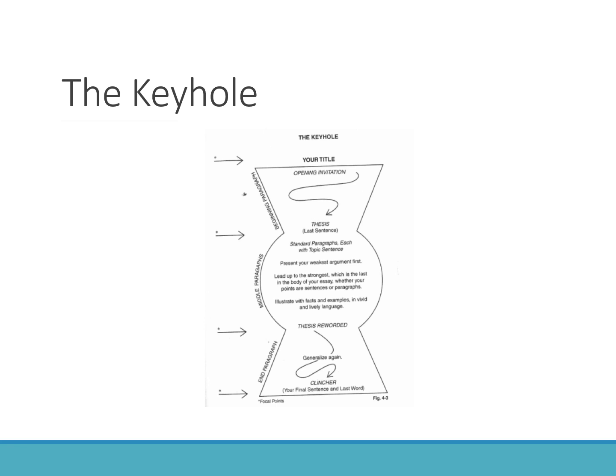You want to make sure that each of your middle paragraphs is a standard paragraph that has a topic and an ending sentence. And then in your end paragraphs, you're going to start with a reworded thesis and then generalize to the end. So that is some thoughts on how to structure both paragraphs and your paper as a whole and how to make outlines.